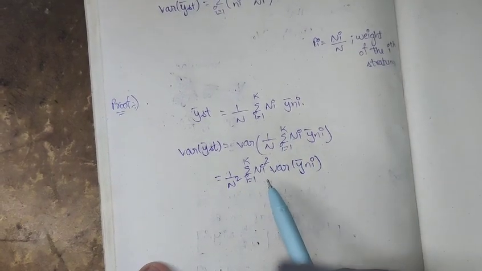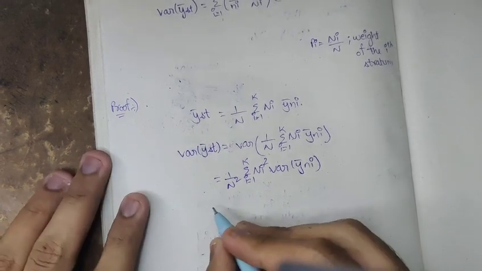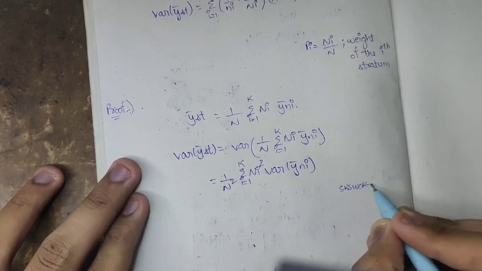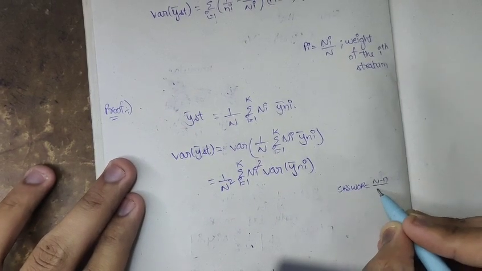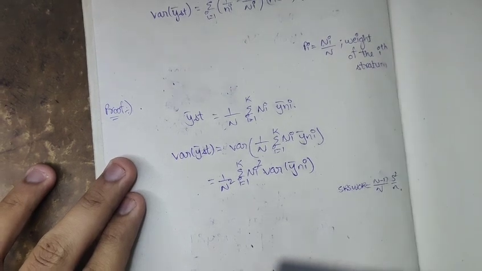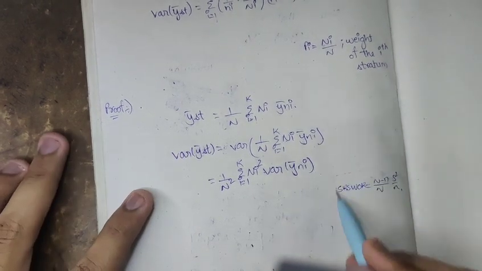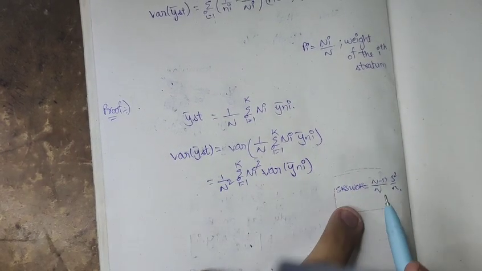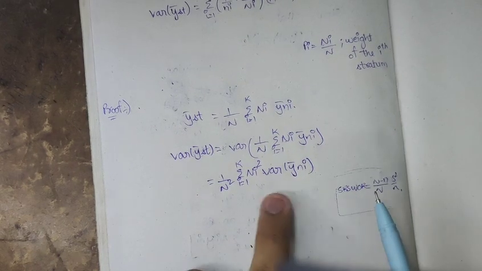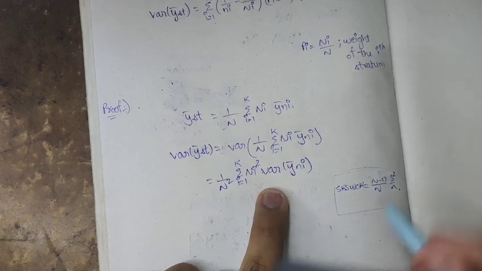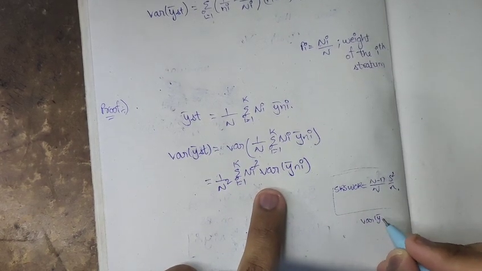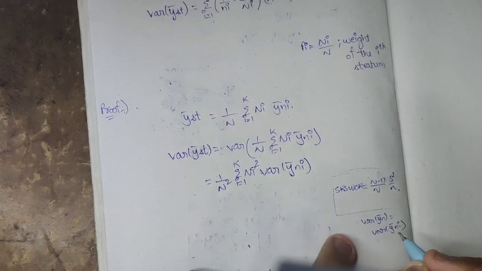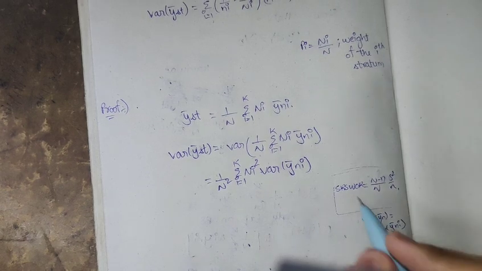So 1/N² summation N_i² variance of ȳ_i. For ȳ_n, we already know the simple random sampling without replacement variance is (N − n)/N times S²/n. We already know this variance formula that we already proved, so we will take this variance and substitute it here. The variance of ȳ_n is equal to the variance of ȳ_i. Basically, this is what we should keep in mind.